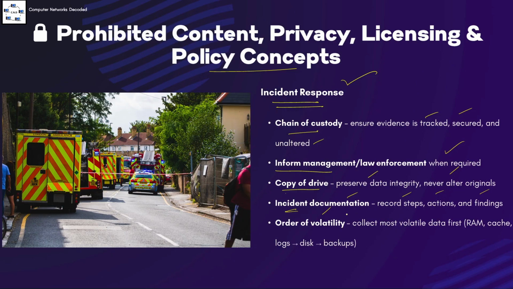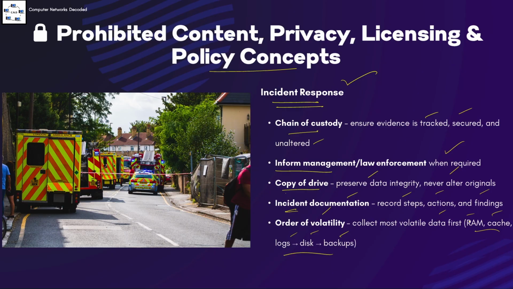Next is the order of volatility. This ensures that you collect the most volatile data first. For example, RAM, cache, logs, disk, and backup. These are the different components that contain data as per their volatility.